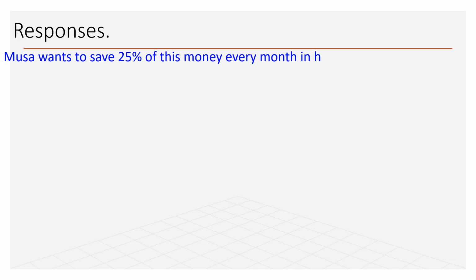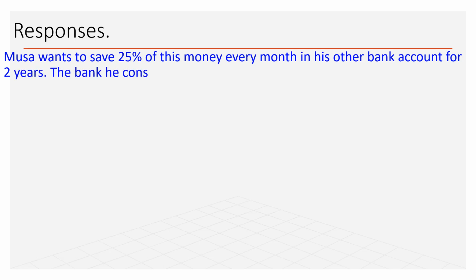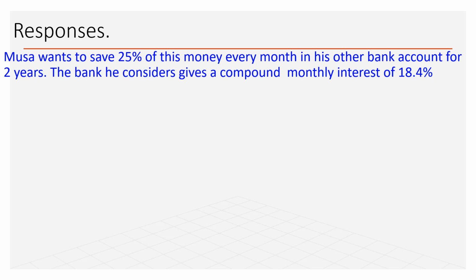So let's calculate the compound interest. In other words, the amount he will have after saving for 2 years, given that he wants to save 25% of his net income in the bank.